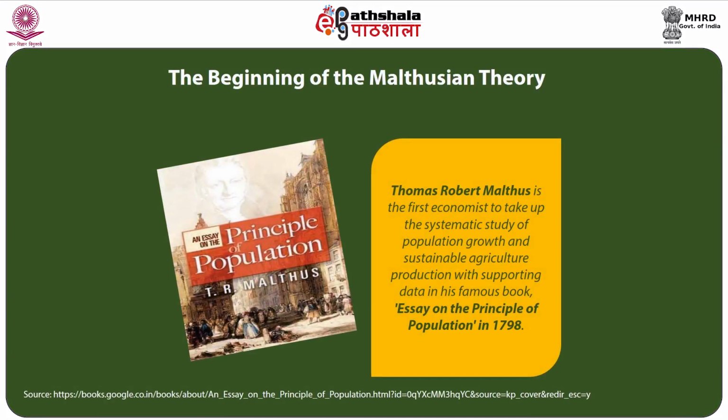Thomas Robert Malthus is the first economist to take up the systematic study of population growth and sustainable agriculture production with supporting data in his famous book titled Essay on the Principle of Population, published in 1798.